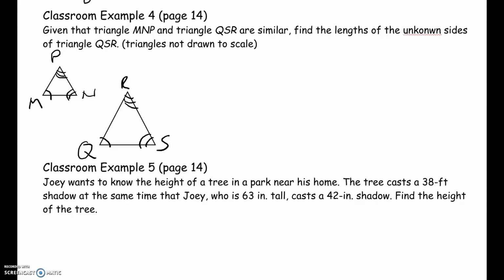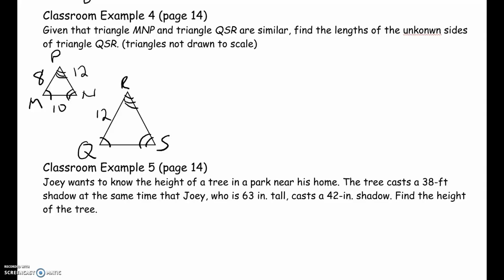I'm given that side MP is 8, side PN is 12, and side MN is 10. I also know that side QR is 12. So the missing sides are RS and QS.